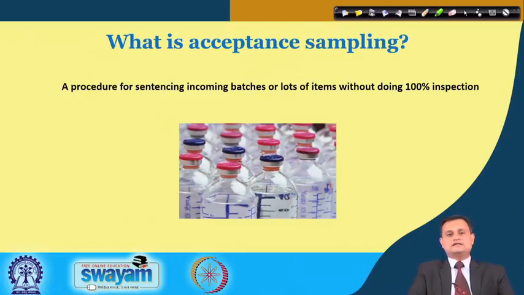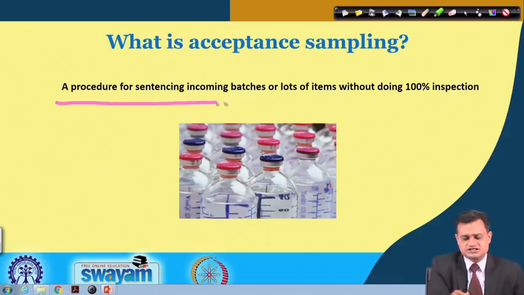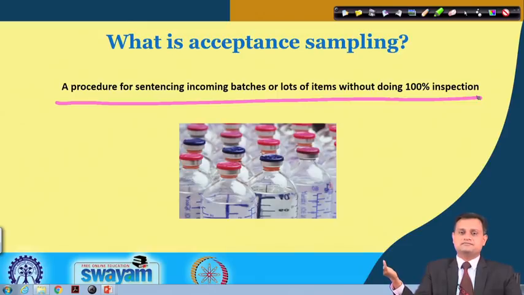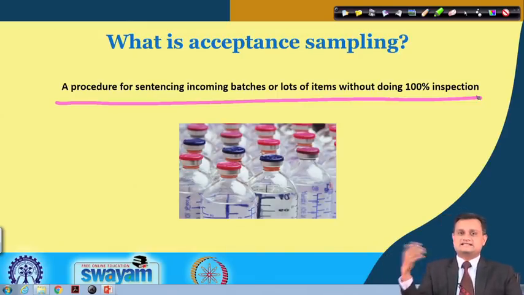Just try to see a simple definition. What is acceptance sampling? I would like to emphasize that it is a procedure for sentencing incoming batches or lots of items without doing 100% inspection. Typically, sentencing is a word we use in the judiciary system, where somebody is punished or exempted.